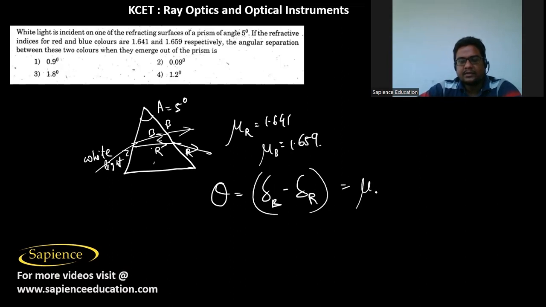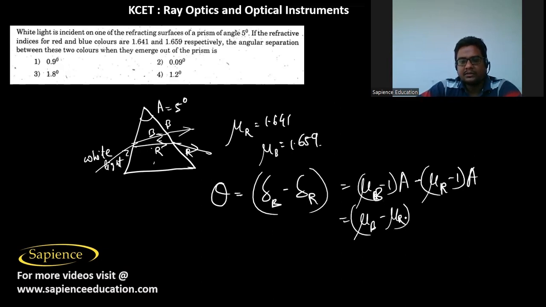So it will be (mu B minus 1) into A minus (mu R minus 1) into A. If you simplify it, then we will get (mu B minus mu R) into A.